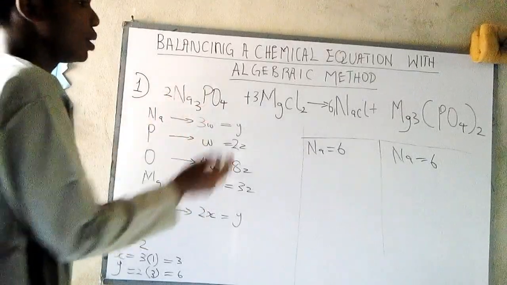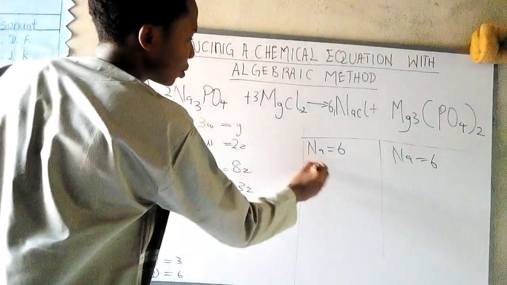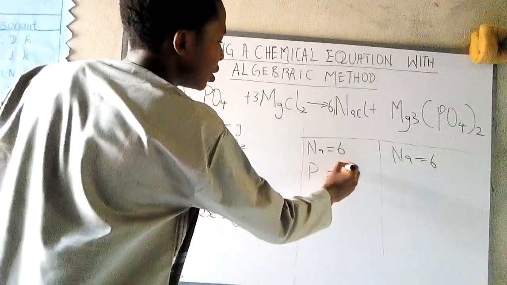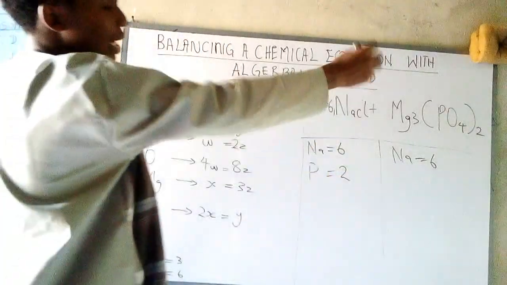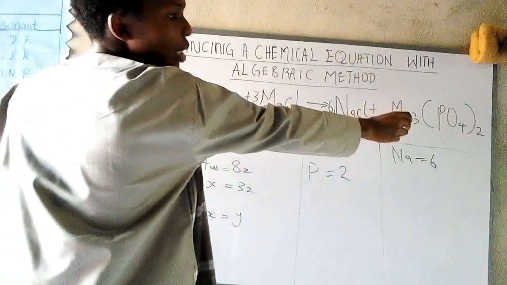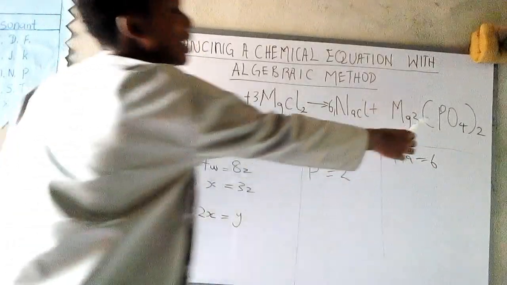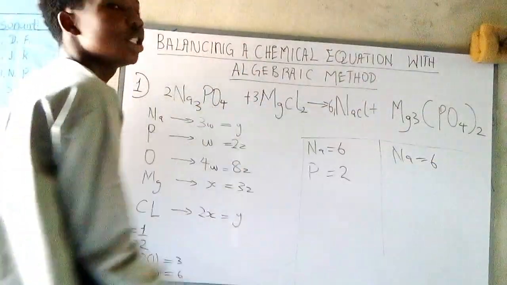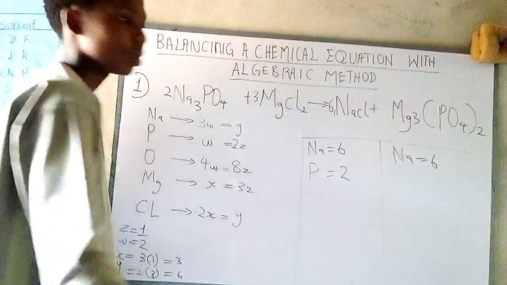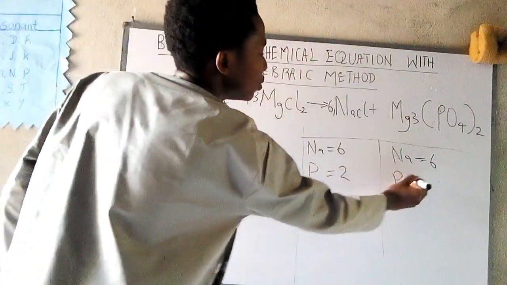So we now say phosphorus is 2. Let's look at that side. Phosphorus is only affected by this bracket, which is now what? 1 phosphorus times 2 is equal to 2 phosphorus.